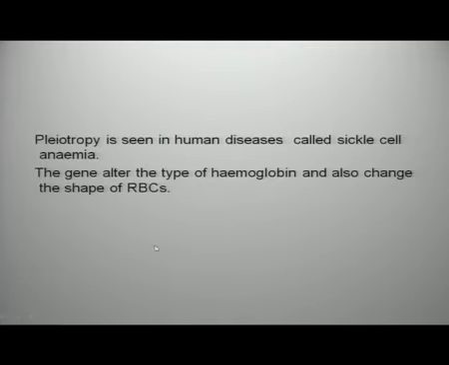We can see pleiotropy in human beings also. In the human disease sickle cell anemia, the gene alters the type of hemoglobin. It also changes the shape of RBCs. So the same gene here produces two effects: it determines the type of hemoglobin and it affects the shape of RBC.